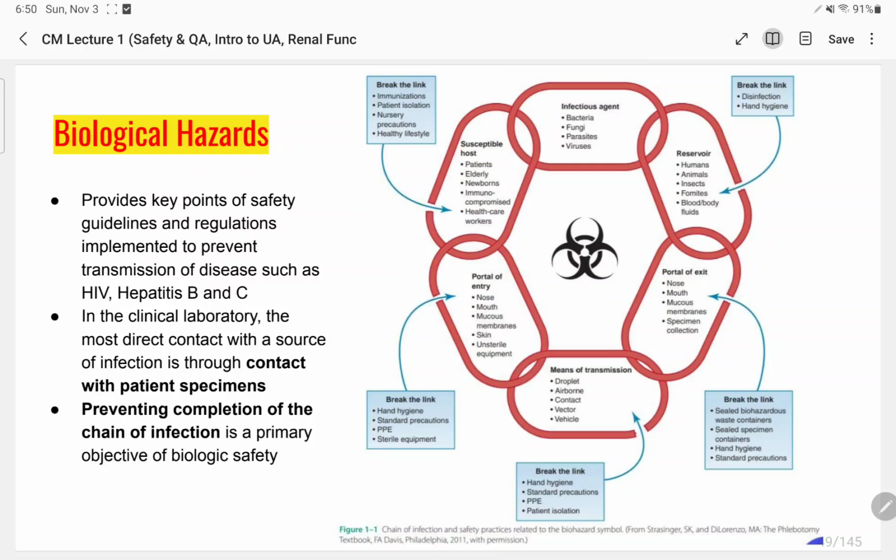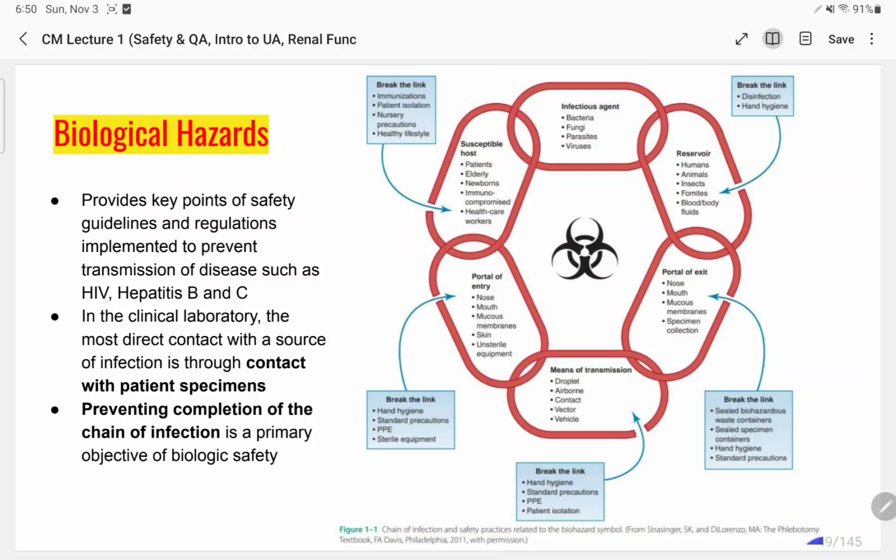So in the clinical laboratory, it is very important that key points of safety guidelines and regulations must be implemented to prevent the transmission of these diseases, especially kaning mga bloodborne diseases like your HIV, hepatitis B, and hepatitis C.